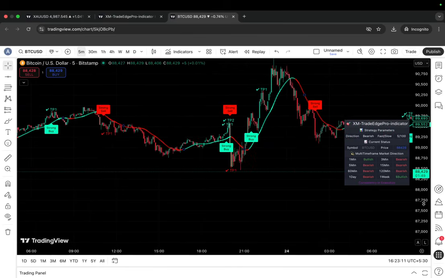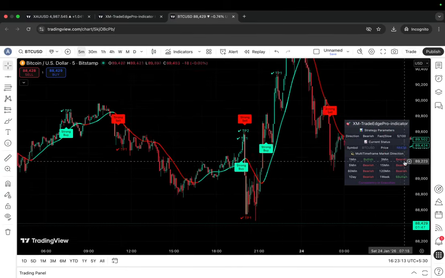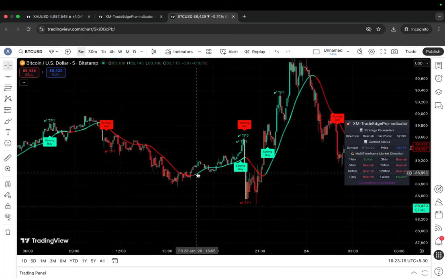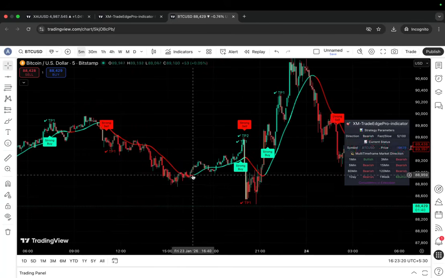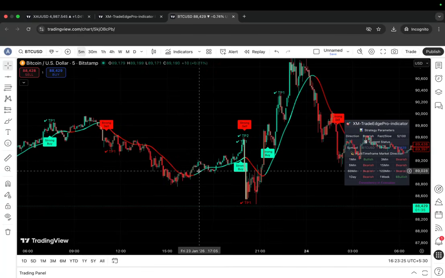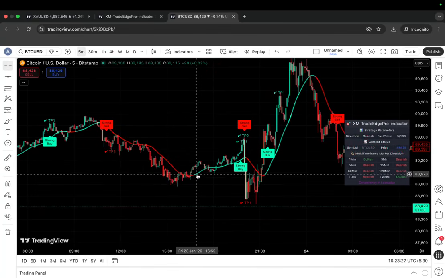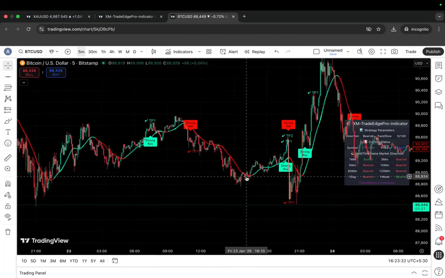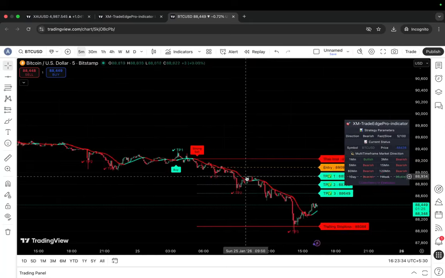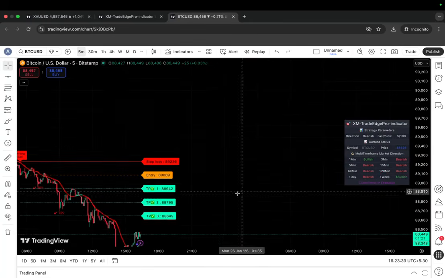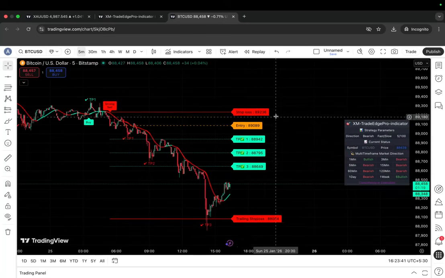So what we have to do is not wait or hold if the trend changes its direction. You can see the trend has already converted into green. From the red line you can see the line is converted into green, so the trend started changing. Ideally it's good to book profit. Obviously our indicator will keep on telling you that target 1 got hit, target 2 got hit, target 3 got hit, or a trailing stop loss or stop loss got hit.